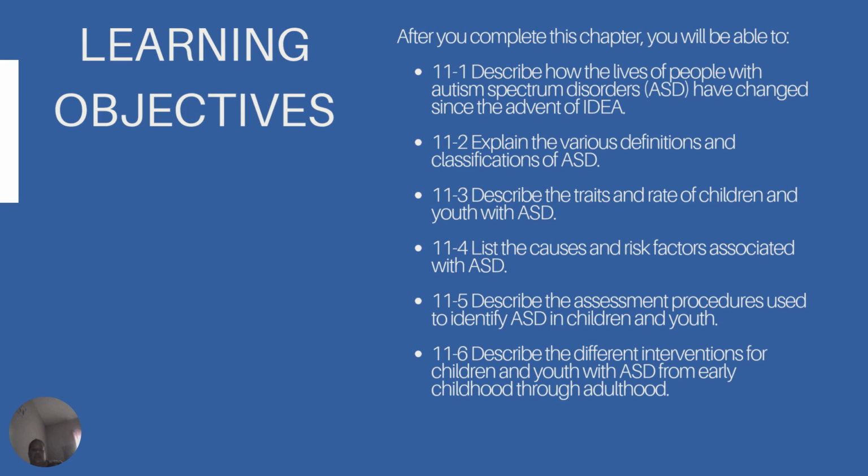Our learning objectives are: after you complete this chapter, you will be able to describe how the lives of people with autism spectrum disorder have changed since the advent of IDEA, explain the various definitions and classification of ASD, describe the traits and rate of children and youth with ASD, list the causes and risk factors associated with ASD, describe assessment procedures used to identify ASD in children and youth.